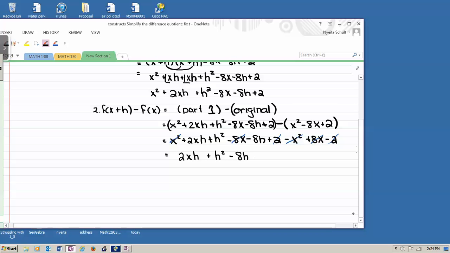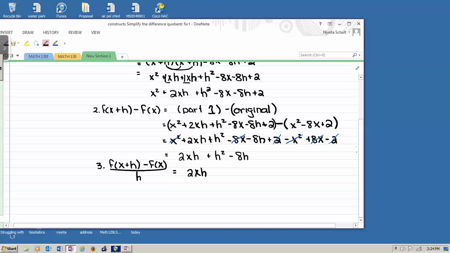And the reason for wanting the h in every single term is because for step 3 now you're going to find the entire difference quotient problem here. You need to divide everything from the previous step by h.